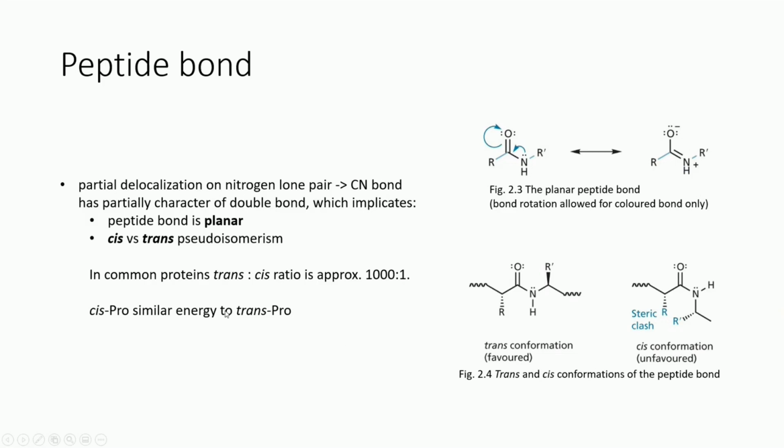Because in case of proline, the spatial arrangement is very suitable for the cis arrangement, whereas in case of the other amino acids, there would be a clash and the cis conformation is unfavored. So most often the peptide bond is in the pseudotrans, like the zigzag arrangement, due to the presence of the side chains that are bulky, and the cis conformation is not favored due to some steric clash.